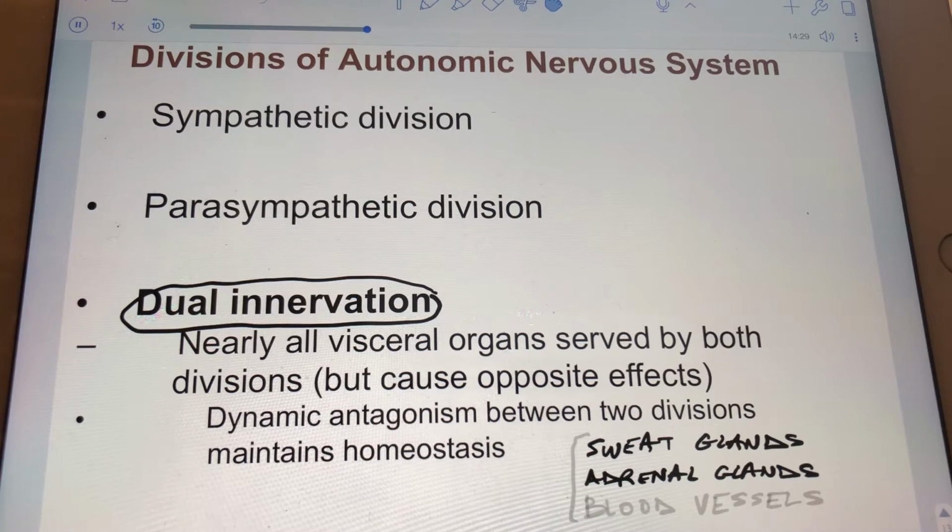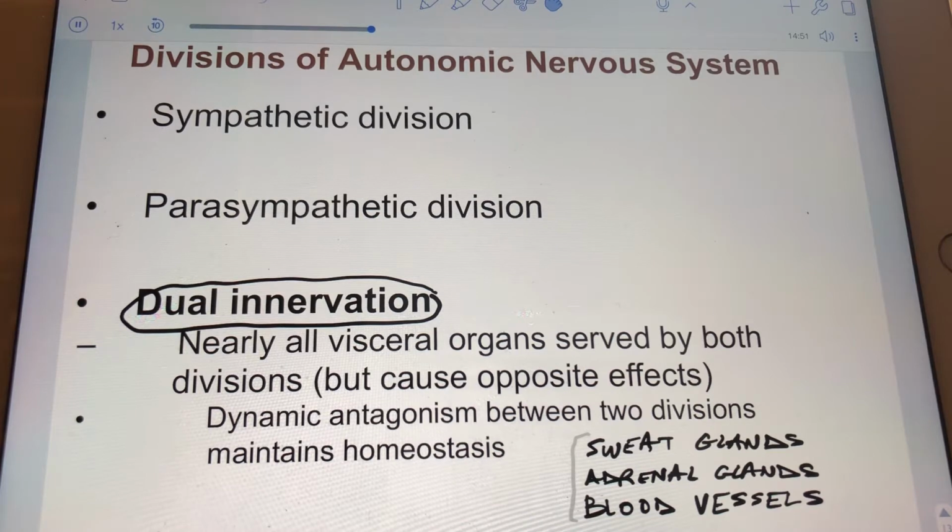The blood vessels that participate in vasoconstriction and vasodilation, and not all blood vessels do, but you'll learn that in more detail in 242, are only innervated by the sympathetic nervous system. And for that matter, erector pili muscles are only innervated by the sympathetic nervous system. But it's these three that are most likely to come back to haunt us, either in this chapter or in 242. Okay? Those are the exceptions, or at least the chief exceptions to dual innervation. Slide 14.